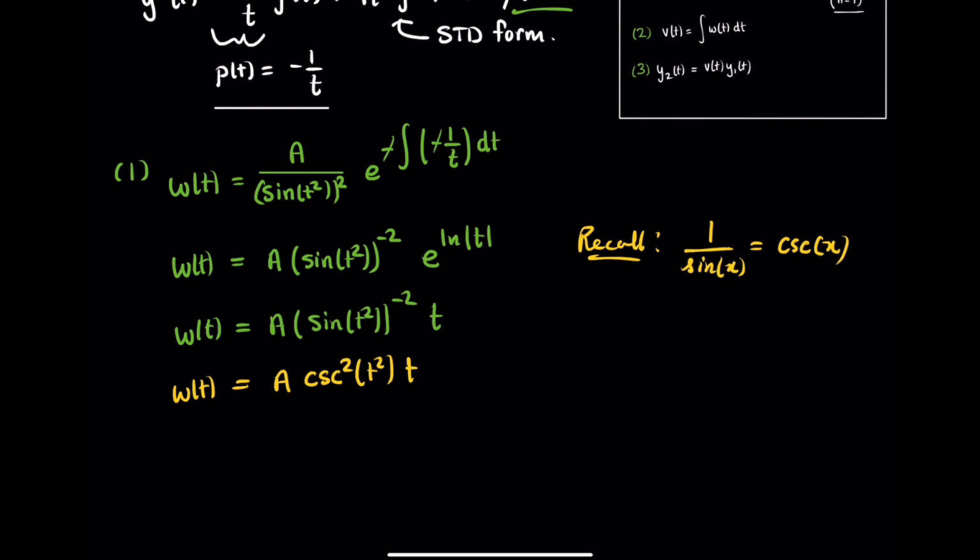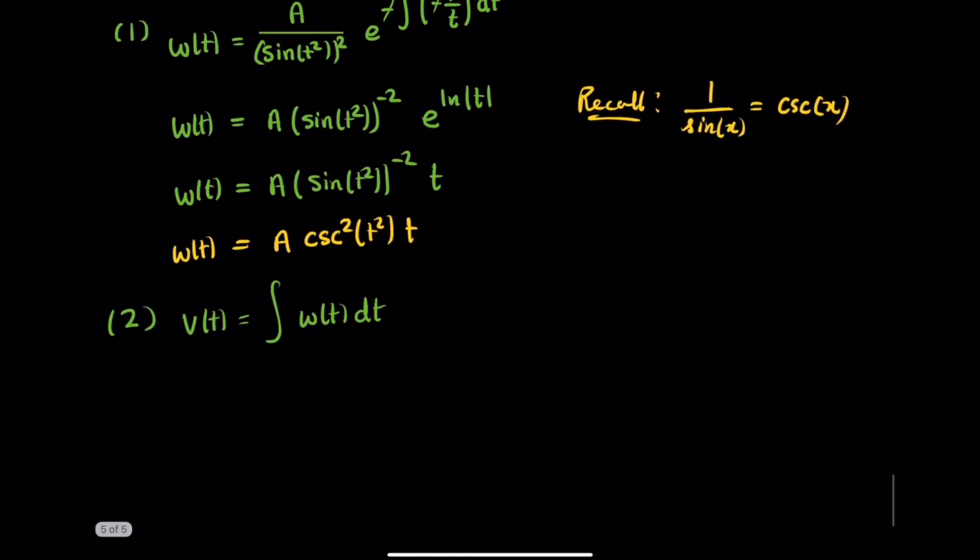Now we do the second step, and the second step is this, where v of t equals the integral of w of t dt. So let's do that. v of t equals the integral of a t cosecant squared of t squared dt.